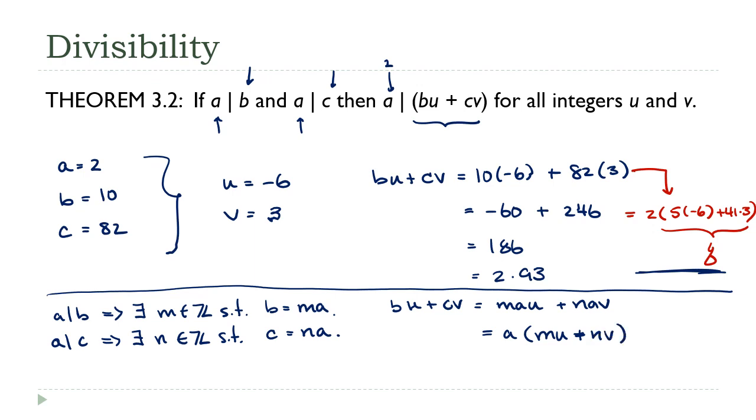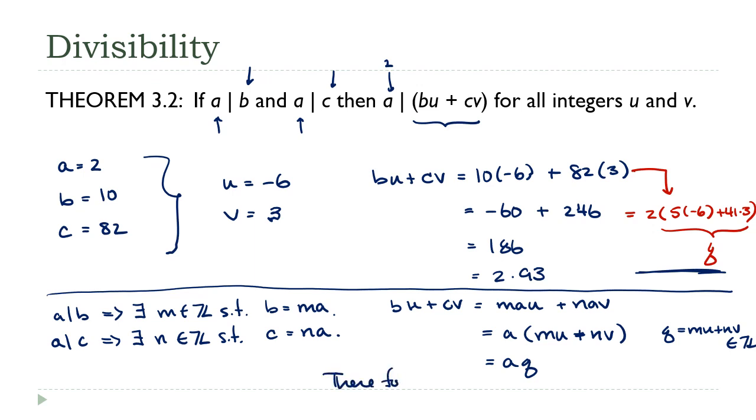Well, MU plus NV is the product and sum of integers, so that is also an integer. So let's be formal about this. Let q equal MU plus NV, that is an integer. So BU plus CV equals A times some integer. That's what I needed to show.